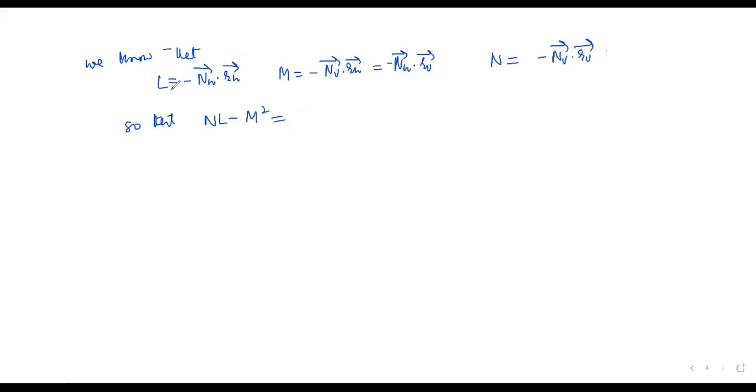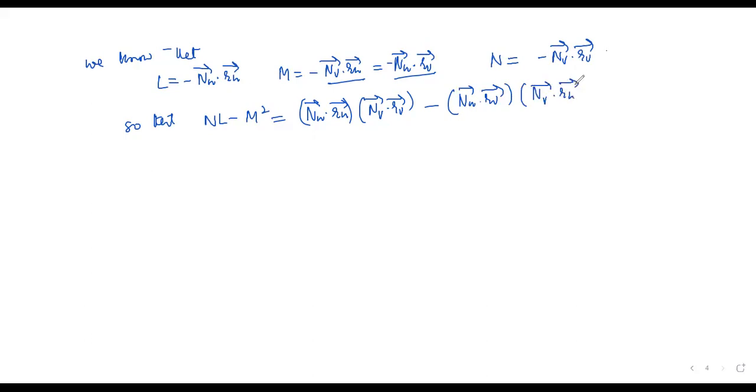so LN को multiply करेंगे, so it would be n sub u dot r sub u multiplied by n sub v dot r sub v, minus minus हो जाएगा plus, then I have, मैं ये जो M square है इसके लिए मैं M into M लिखूंगा, फिर सब्स्टिट्यूट करूंगा, एक में ये वाला फॉर्मूला, दूसरे में ये वाला फॉर्मूला, और माइनस माइनस प्लस हो जाएंगे, माइनस तो ऐसे ही रहेगा. सो यू हैव गॉट, इसको ऐसे लिखूंगा n sub u dot r sub v multiplied by n sub v dot r sub v.